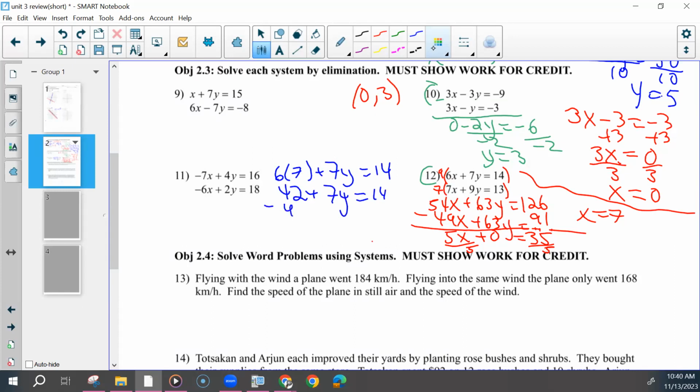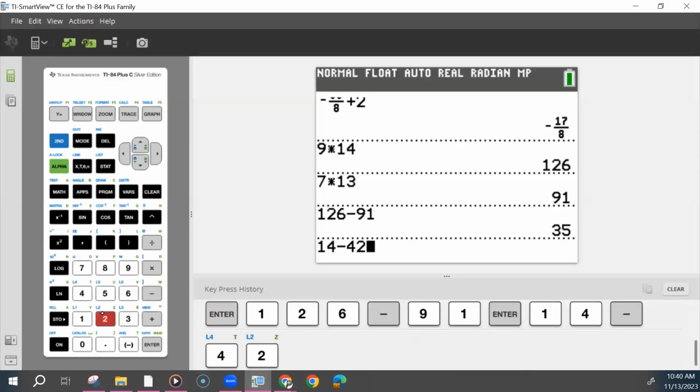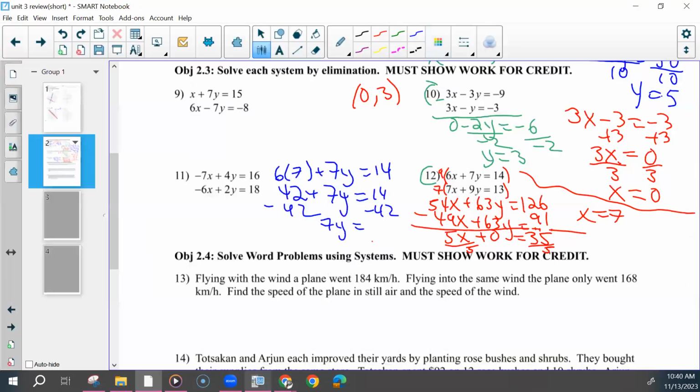Get rid of 42, and divide both sides by 7. So that y would equal -4. And that would be your point.